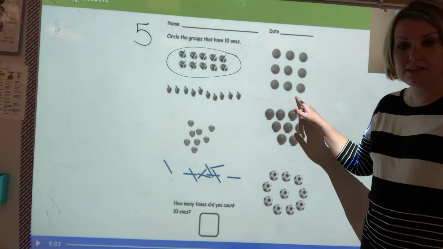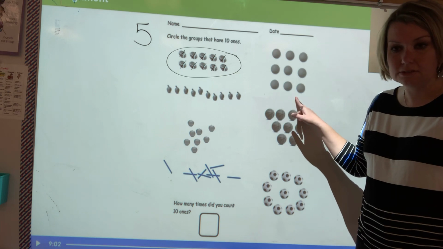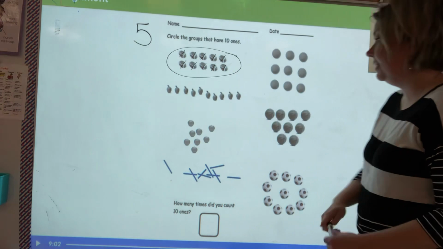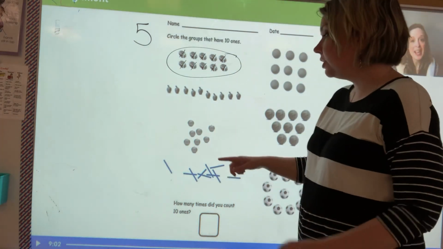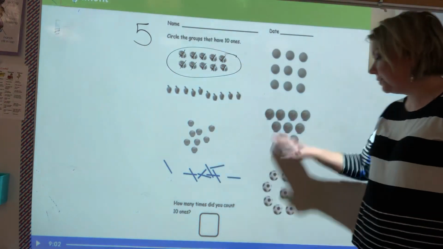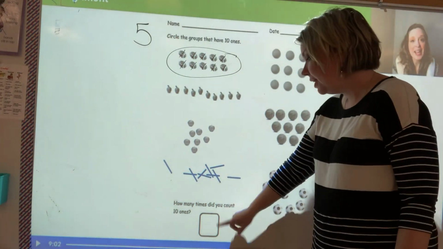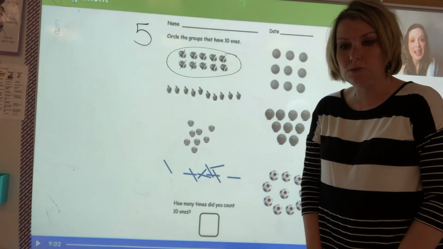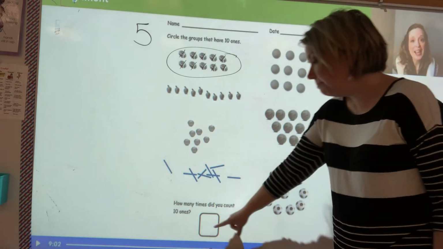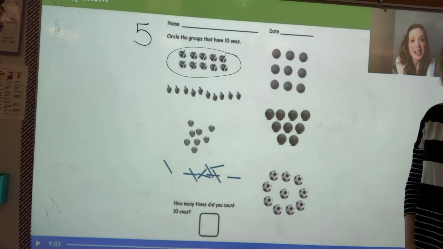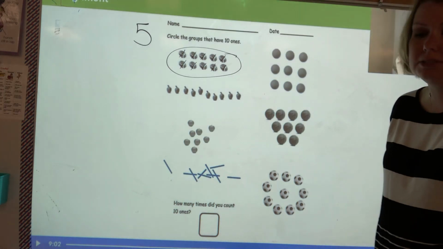Is that a group of 10? Can I circle it? No, I can't. Go ahead and do that for the rest of the objects. Then down here at the bottom, how many times did you count 10 ones? Write the number in the mystery box. When you're finished, show a silly face in the camera to let me know.